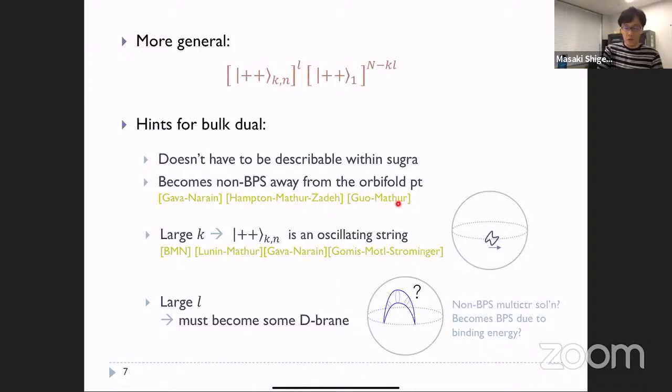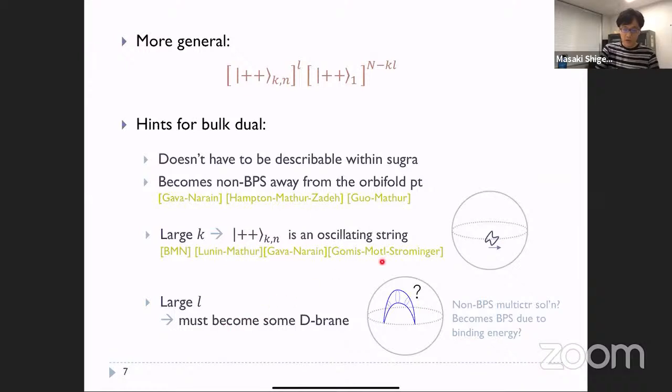And one other thing I can say is that if you take large K, so if this strand is long, then this flowed strand is an oscillating string that is going along the equator of S3. That's the AdS3 version of BMN, and that's been studied by these people.